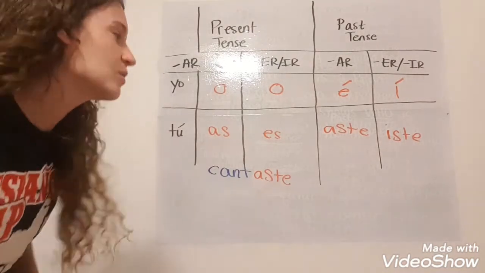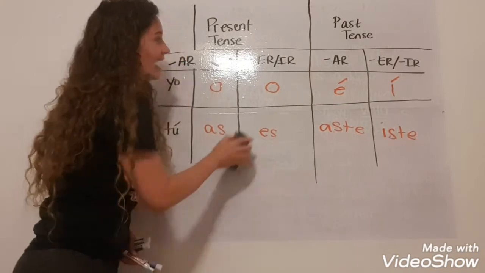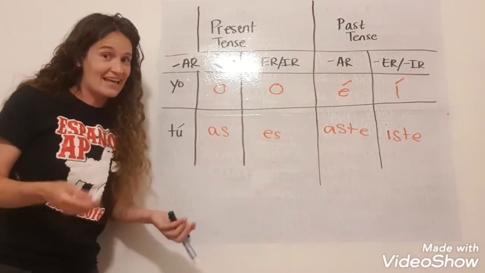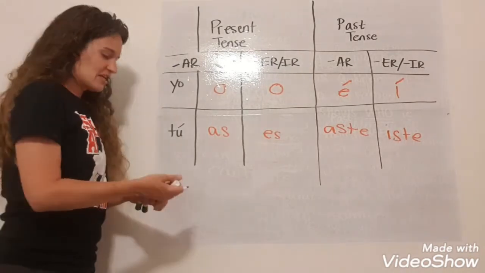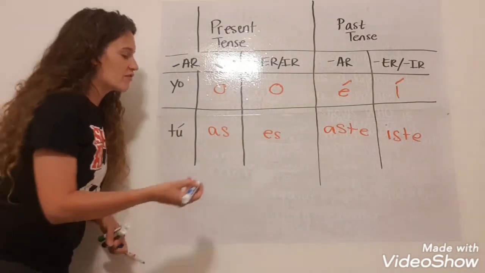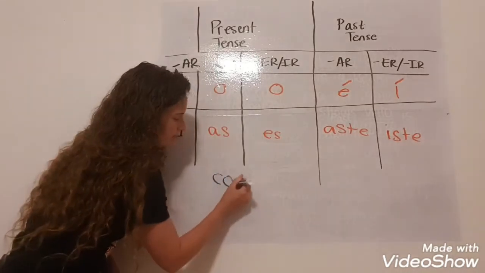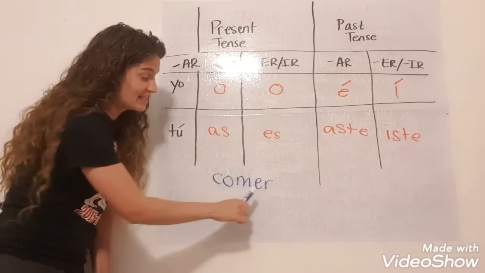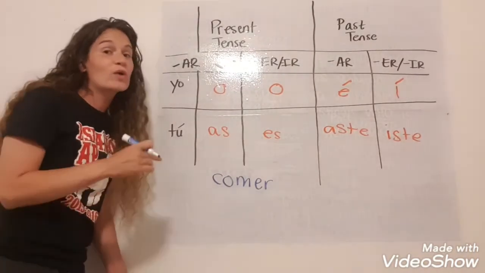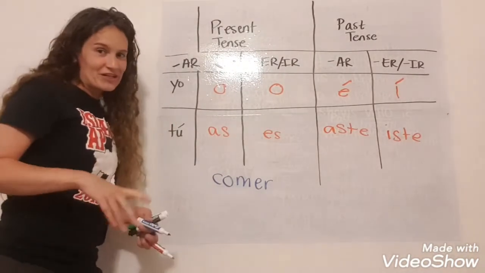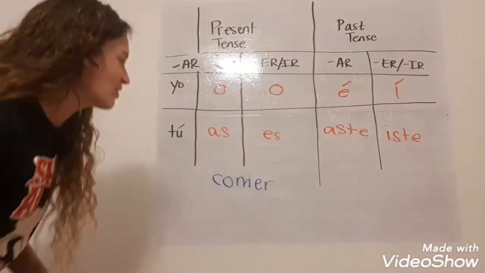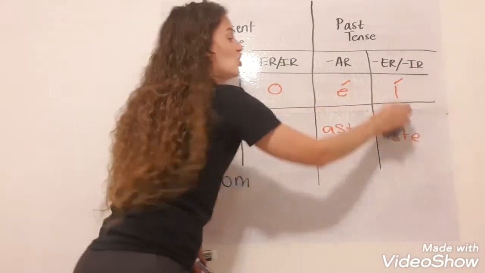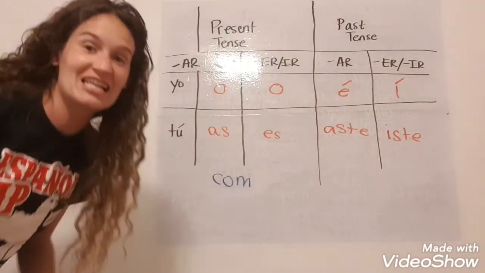Now let's try it with an ER or IR verb. The nice thing about ER and IR verbs is that they have the same endings. So let's use the verb comer. We know that comer is an ER verb. It means to eat. Remember, the first step is to get rid of that ER ending because we need to add these new endings to change the meaning of the word.